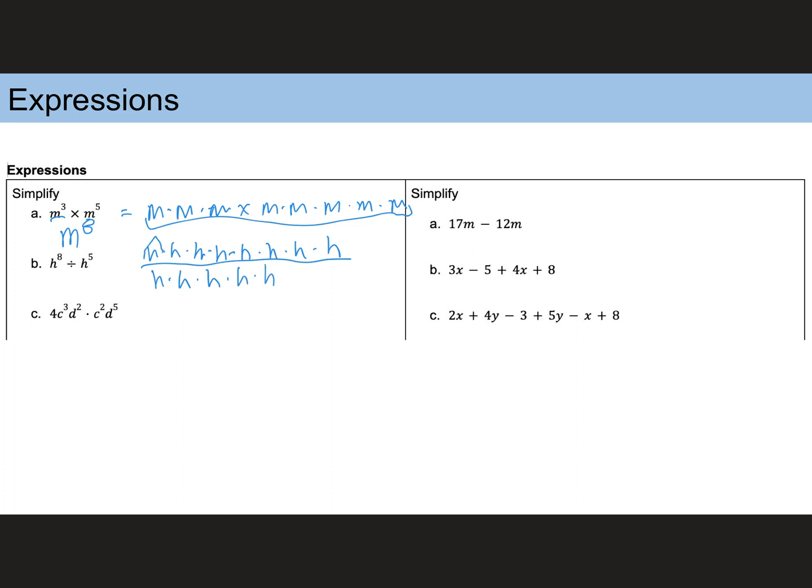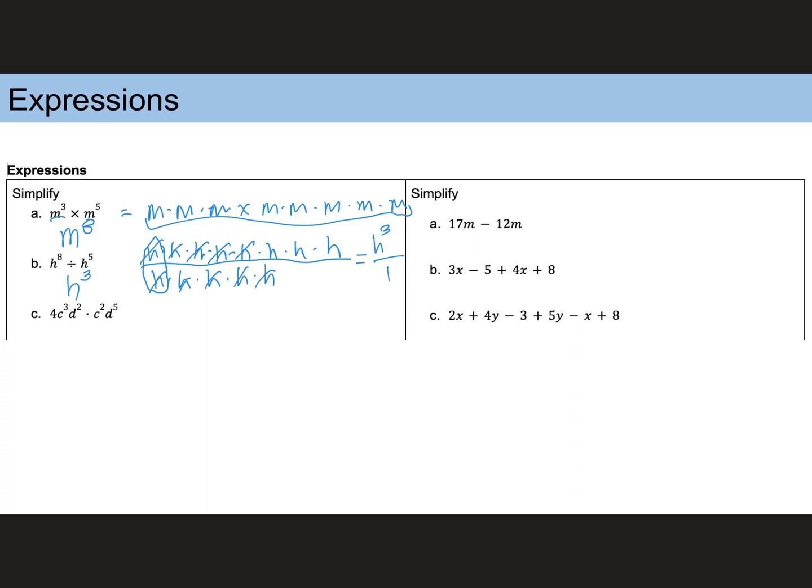Now, every combination of H divided by H, any number divided by itself equals 1. So what we can do is cancel out 1, 2, 3, 4, and 5. So on the bottom, my denominator is a 1 because I just have 1's on the bottom now. And my numerator is H to the power of 3. So my final answer is just H to the power of 3. You can also just think about 8 minus 5 equals 3.